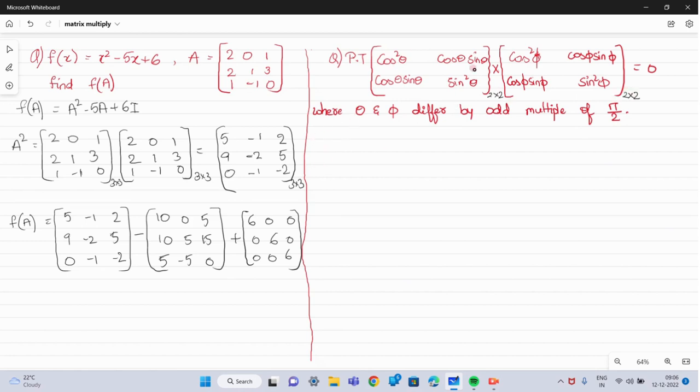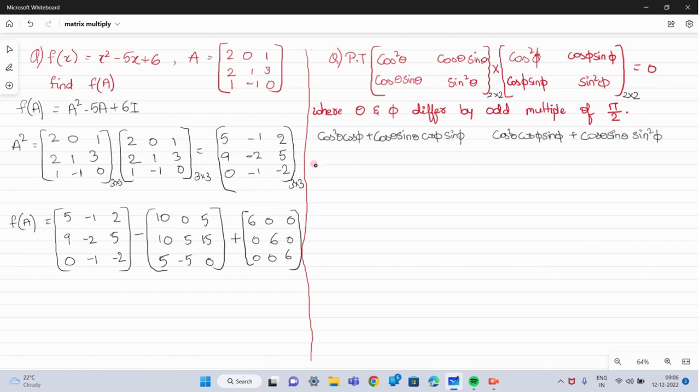You'll get cos square theta cos phi plus cos theta sin theta cos phi sin phi. Next, with this, cos square theta cos phi sin phi plus cos theta sin theta sin square phi.